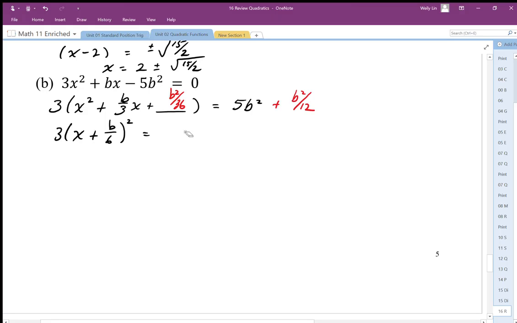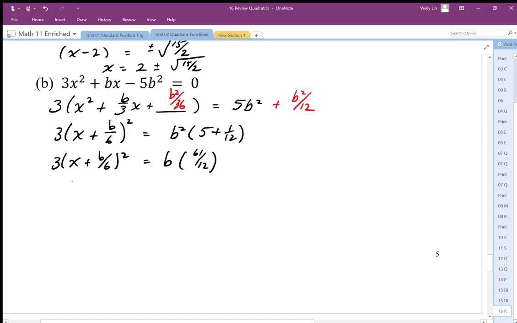In fact, I'm going to factor out that b squared, and so I'm going to end up with 5 plus 1 over 12, which is going to be 61 over 12.